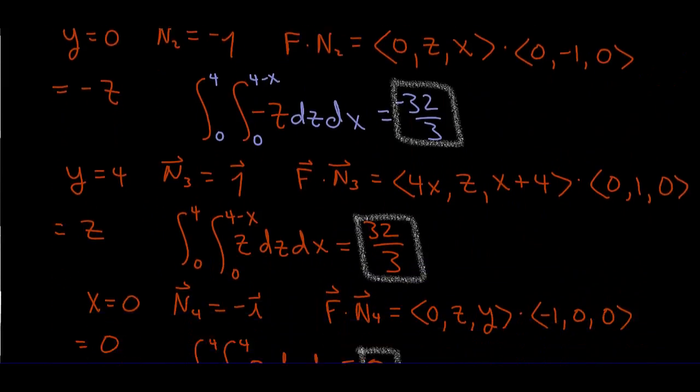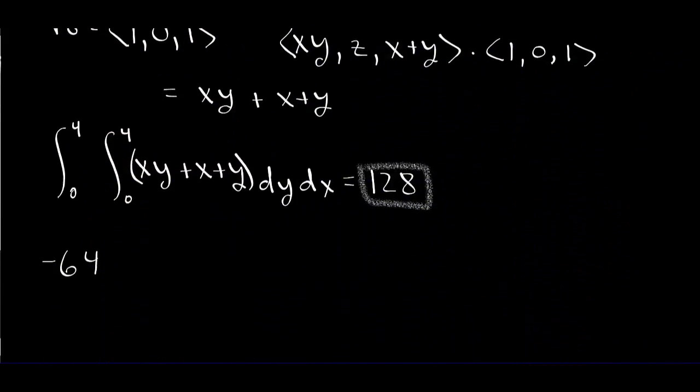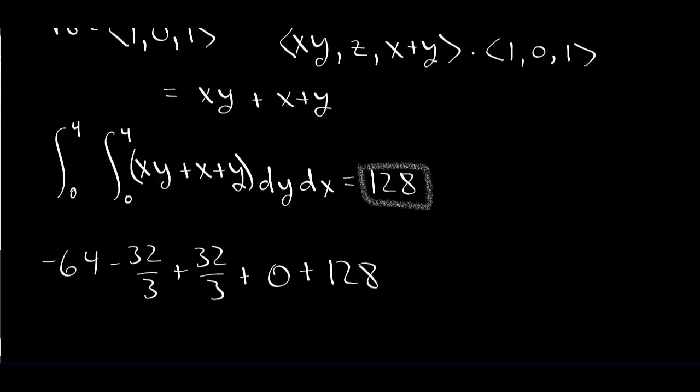We had negative 64, negative 32 thirds, and positive 32 thirds. We had 0, and then we had 128. And if we combine all of those, we get 64.